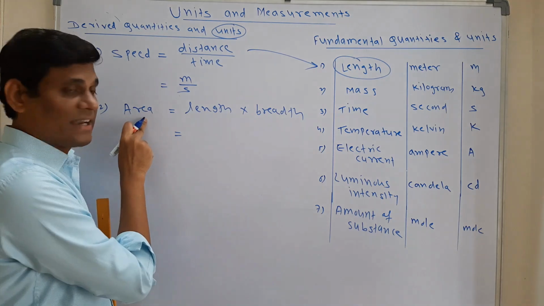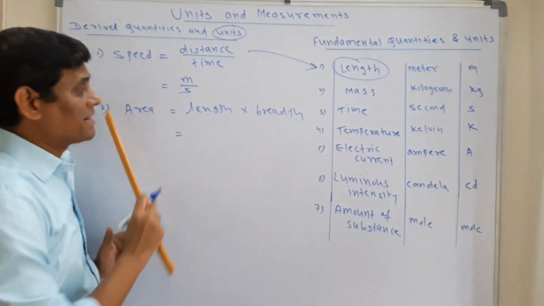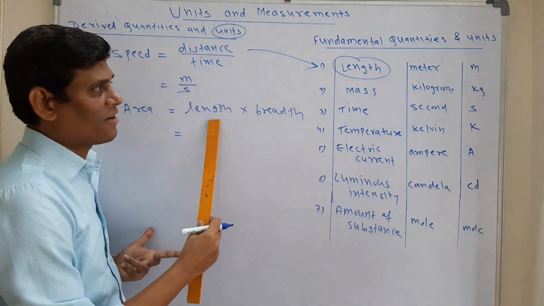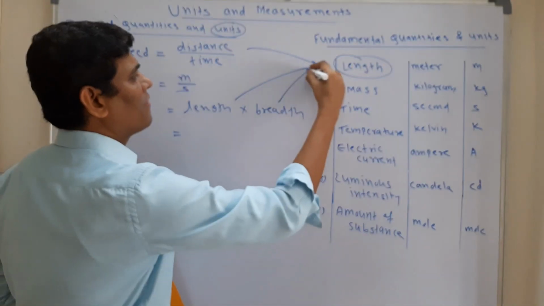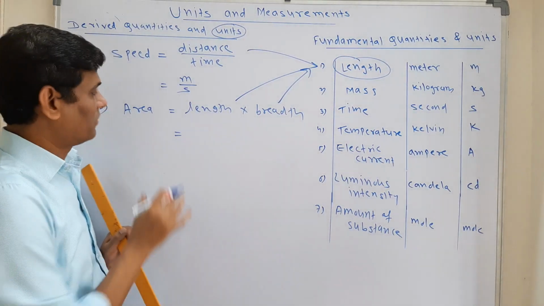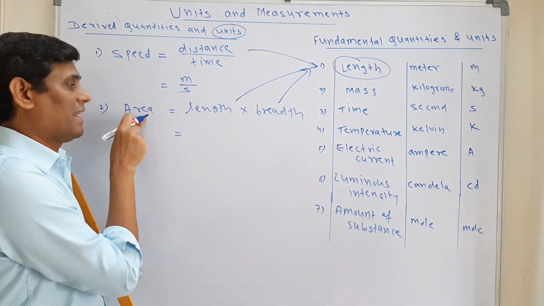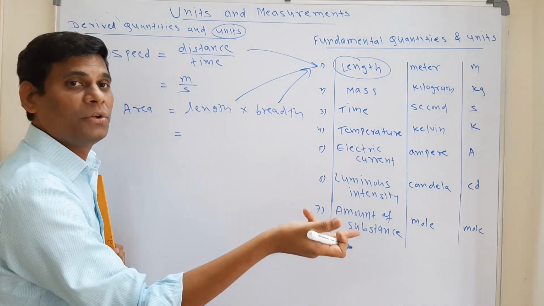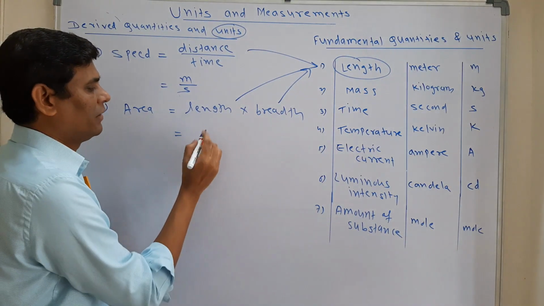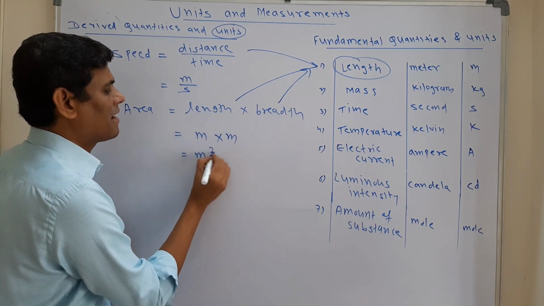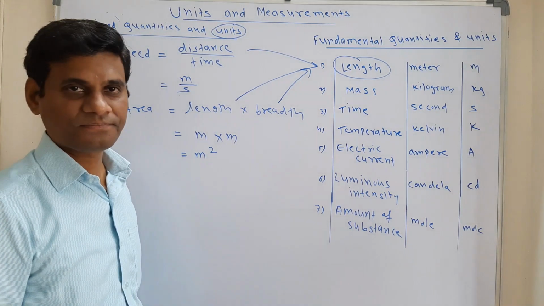So area is a physical quantity which depends upon two fundamental quantities. Both are basically part of length only. So this we call a derived quantity, and the unit of this area we call a derived unit. How will we get the unit? Unit of length is meter, unit of breadth is meter. So it is meter square.